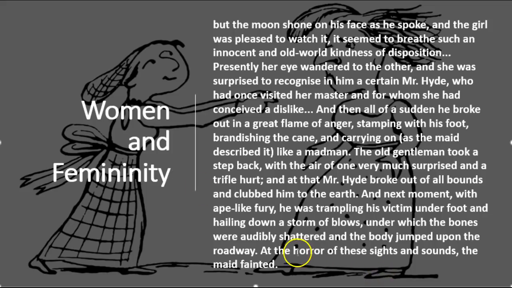And then he rounds that off, just in case we haven't noticed. At the horror of these sights and sounds, the maid fainted. Now, we know that such a thing is highly unlikely. You don't just faint at things that are happening in the distance. You're horrified by them. But the idea of women fainting is, if you like, a stereotype of the time.